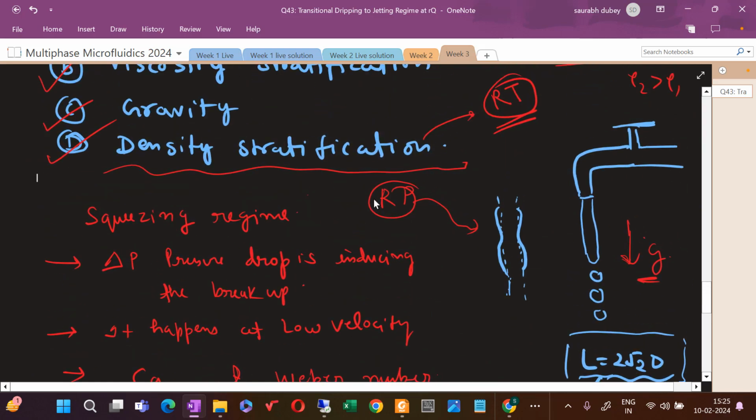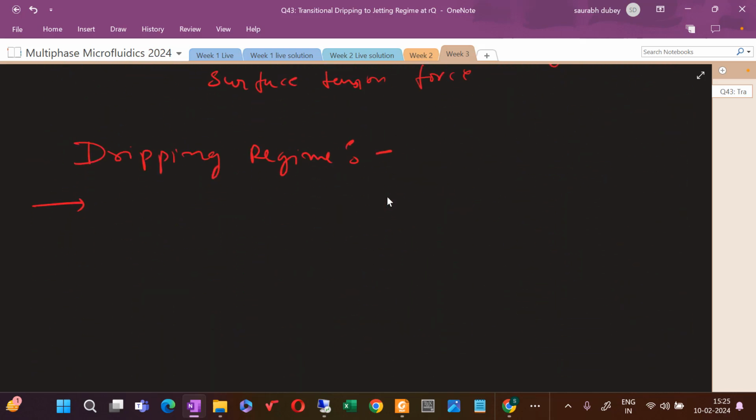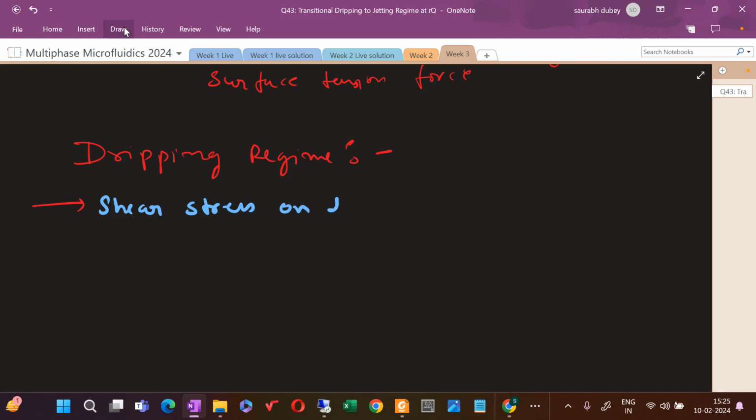So if you see, this squeezing regime is because of the pressure drop, and this dripping regime is because of the shear stress on the droplet. So here, shear stress on the droplet plays a significant role.